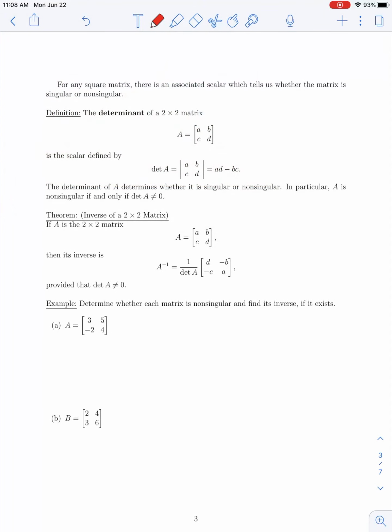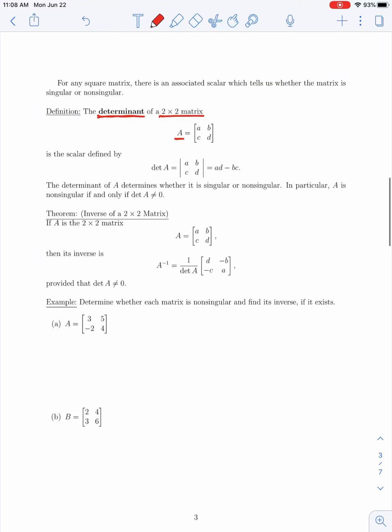But in this section, we will introduce what's called the determinant of a 2 by 2 matrix. So let's say that we have a square matrix A, which is 2 by 2.